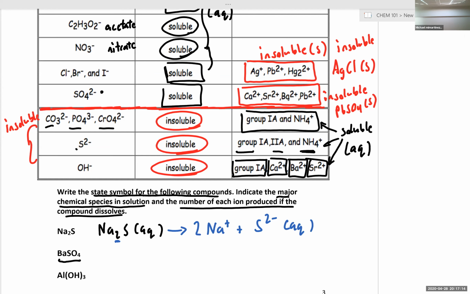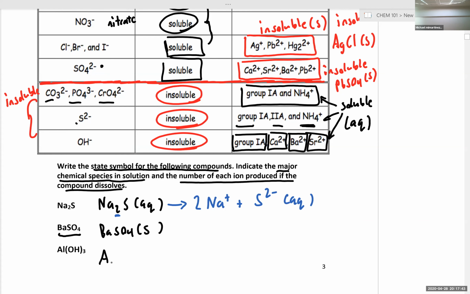Soluble or insoluble? Insoluble, exactly right. So what symbol do we put? Solid. So do we break this barium sulfate solid into its component ions? No, exactly right.